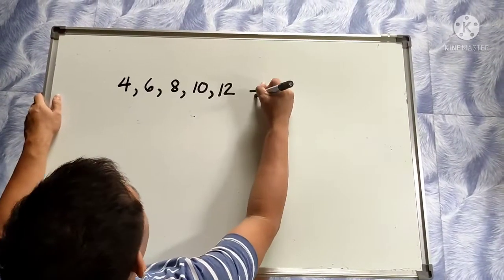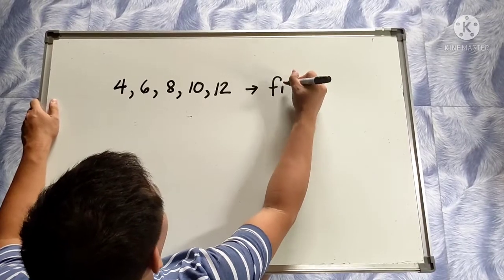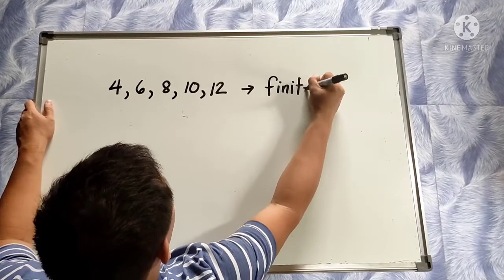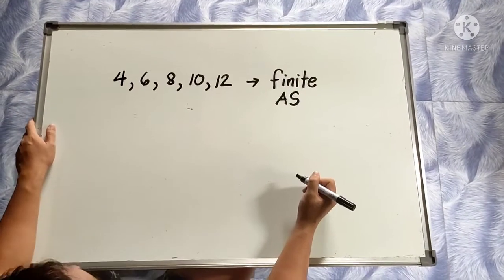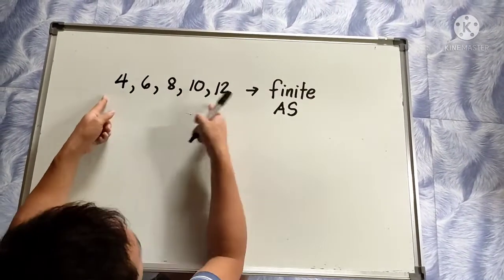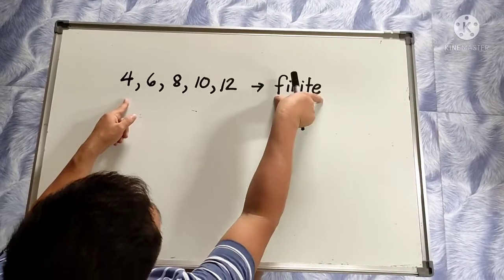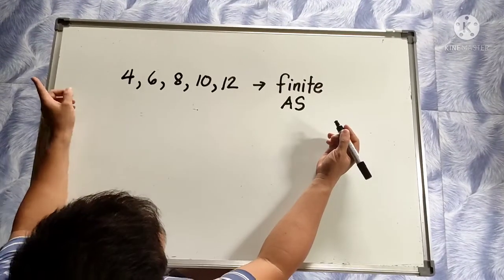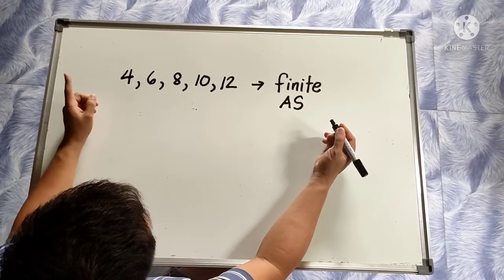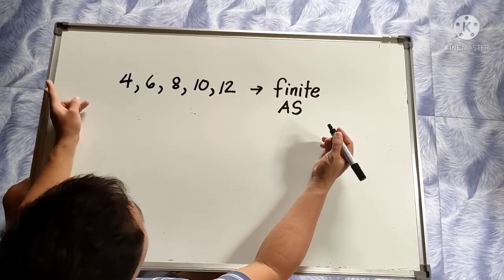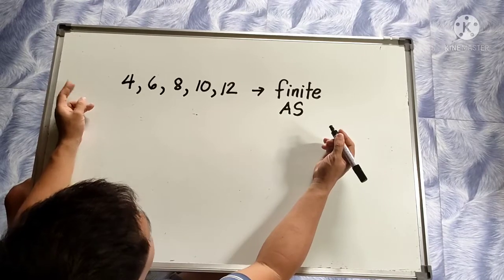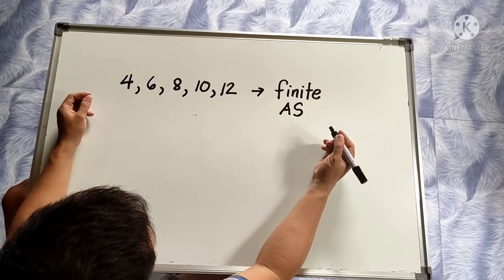So this is a finite arithmetic sequence. I emphasize here that the given is finite because arithmetic means can only be determined if the given arithmetic sequence is a finite arithmetic sequence.